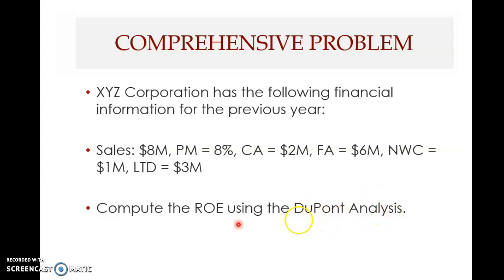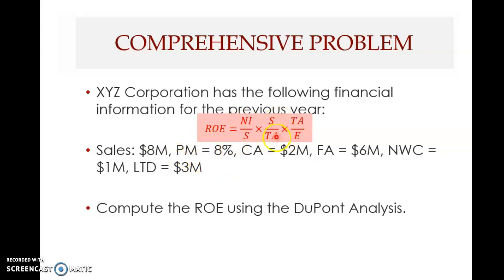DuPont analysis is breaking up ROE into 3 components. ROE equals net income divided by sales, multiplied by sales over total assets, and then multiplied by total assets over equity. Now, net income over sales is actually profit margin.